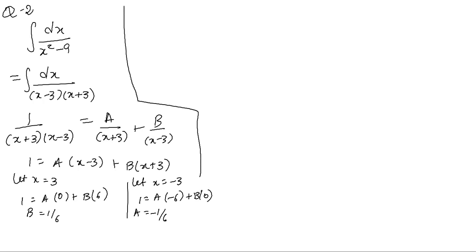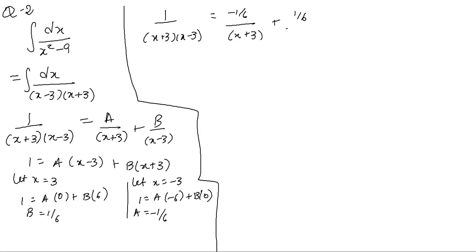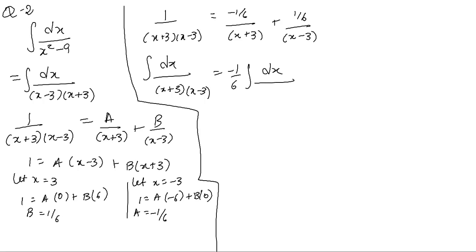So if I replace those values, I can write 1 upon x plus 3 x minus 3 as minus 1 by 6 upon x plus 3 plus 1 by 6 upon x minus 3. So if I take integration on both sides, minus 1 by 6 will come out of integration, and here 1 by 6 will come out of integration.